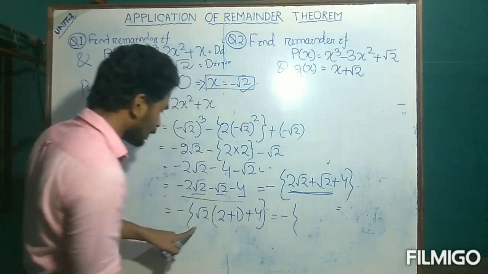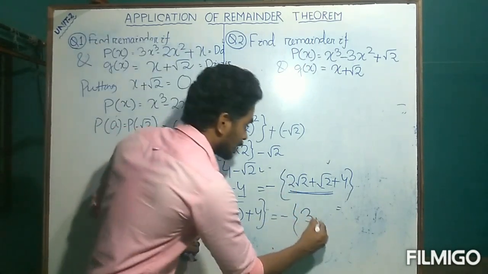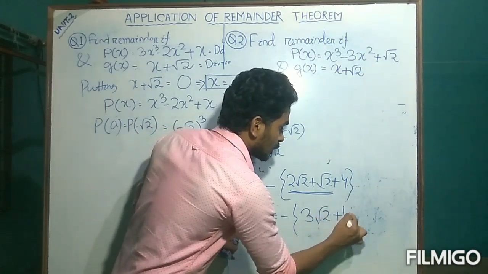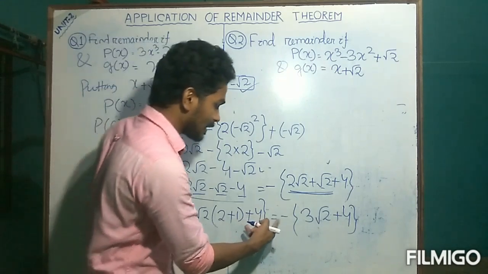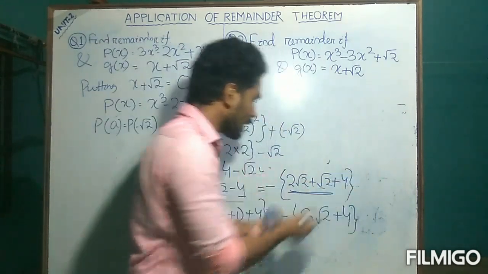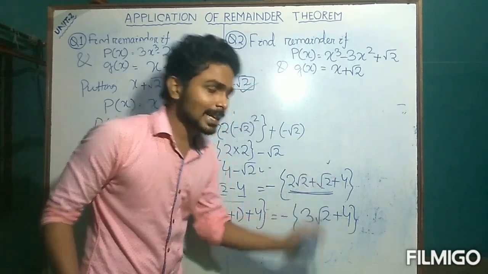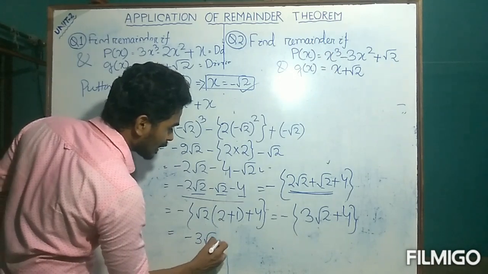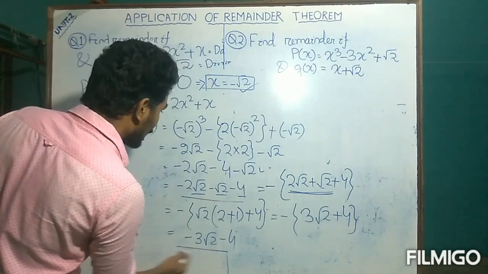Then minus taken as common. 2 plus 1 is 3 root 2 plus 4. When we open the bracket, the minus sign will enter into the bracket and the signs will be changed. After opening the bracket, it will be minus 3 root 2 minus 4. Okay, so this is your answer.